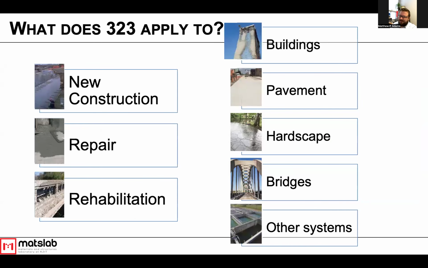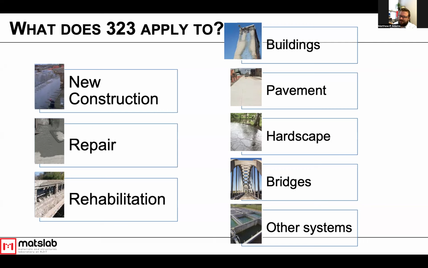So what does 323 apply to? It applies to both new construction and repair and rehabilitation, really anywhere that you might use ready-mix concrete. Right now, we really only apply to ready-mix concrete. I'll get into why in a second. But in most cases, repair and rehabilitation will not trigger the code. The code is triggered off of the amount of concrete that will be used in a particular project.